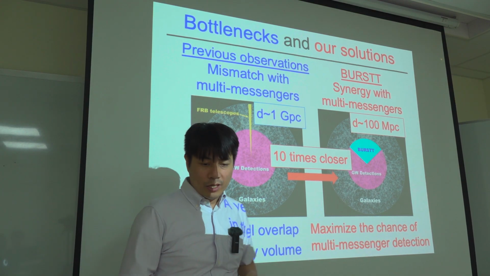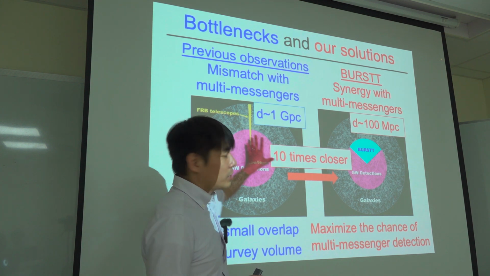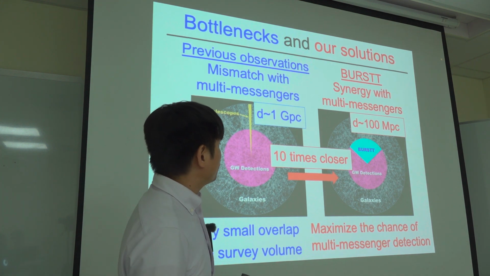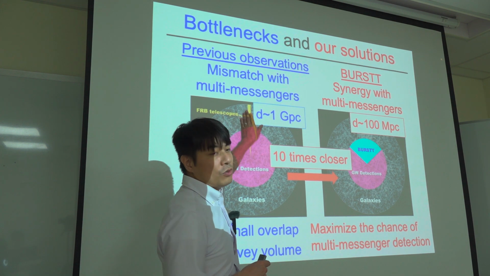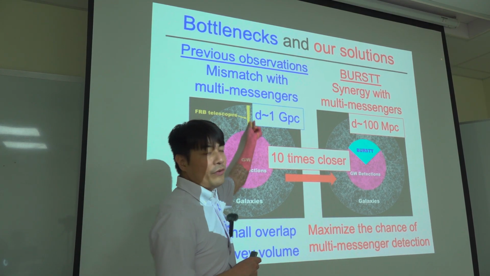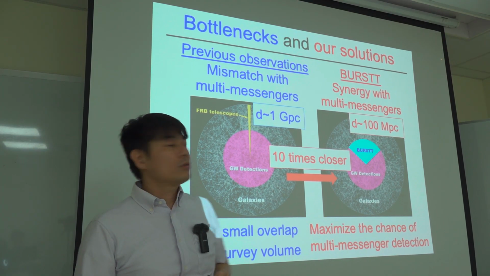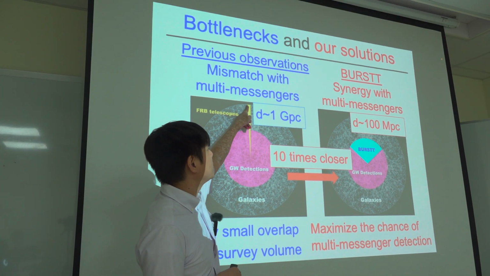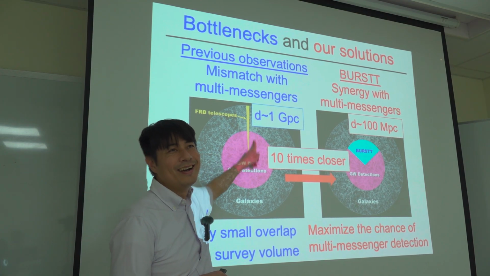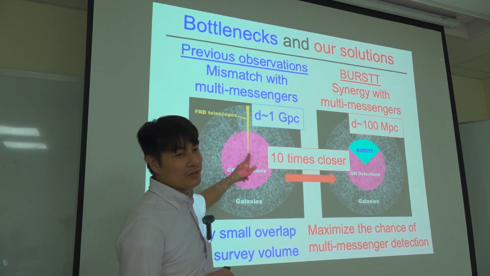But unfortunately, previous observations, this is also a schematic diagram, a simplified one. FRB telescopes are detecting FRBs within a very narrow field of view at the very distant universe. So the survey volume is like this, a very sharp triangle here. This is what we are observing using current radio telescopes.